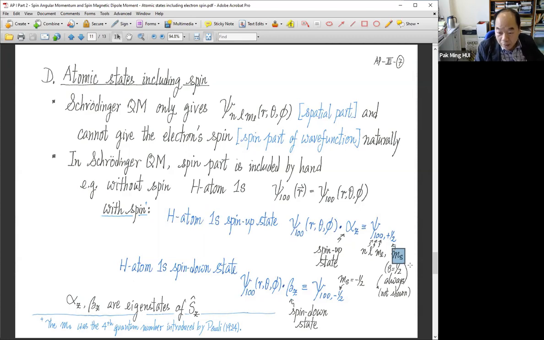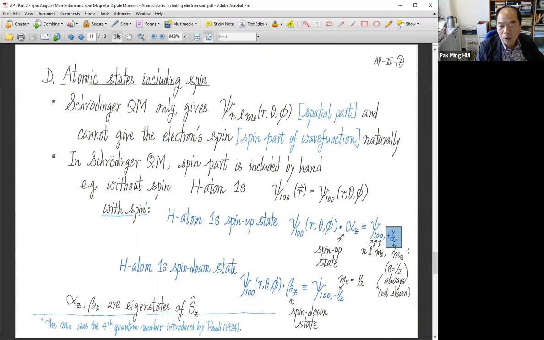Okay? Now, actually, we may need five quantum numbers. Remember, this MS is under S equals half, spin half of the electron. Okay? But because the electron is always spin half, this half is saved, not shown.